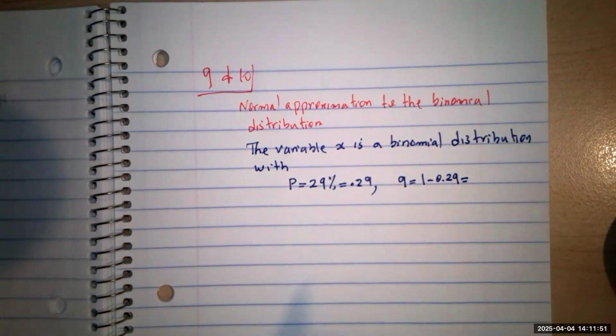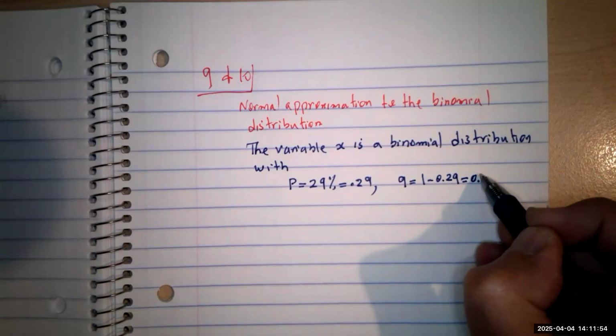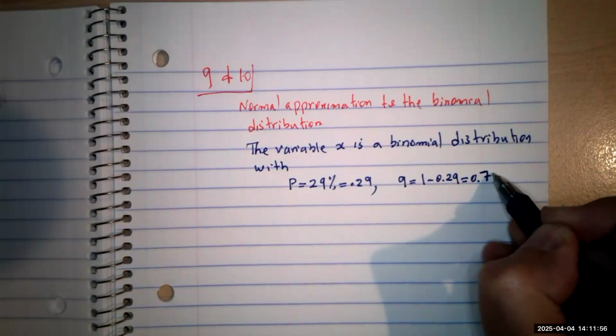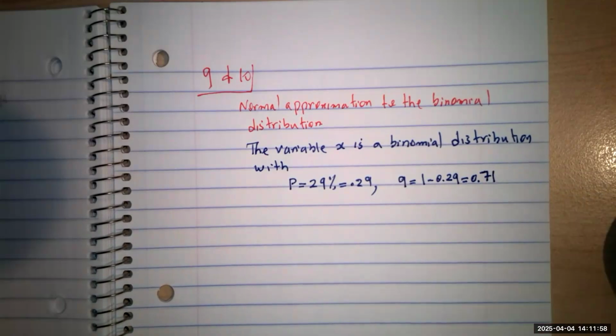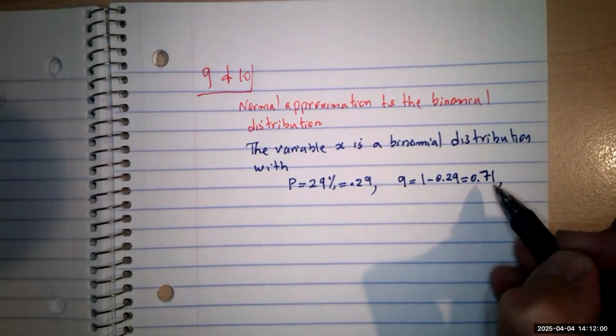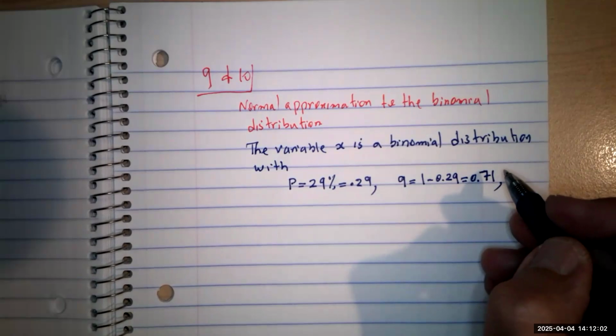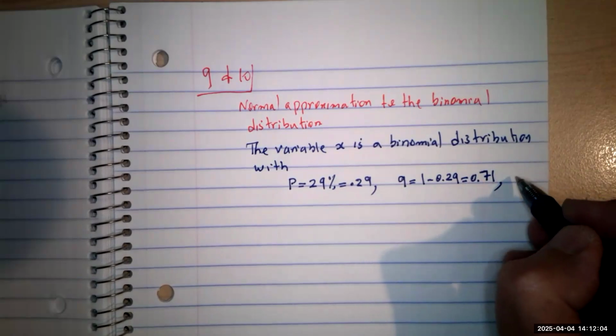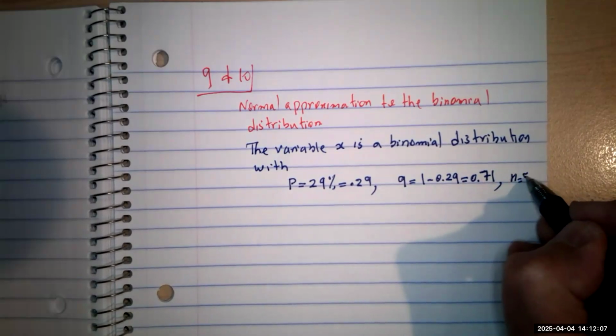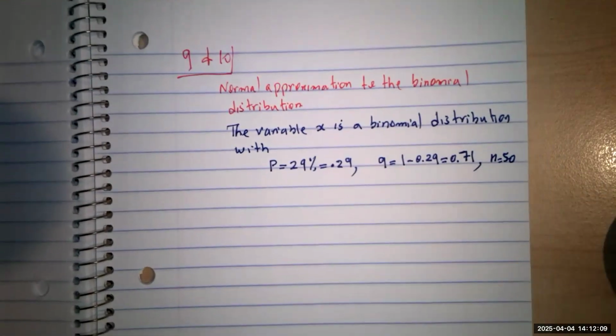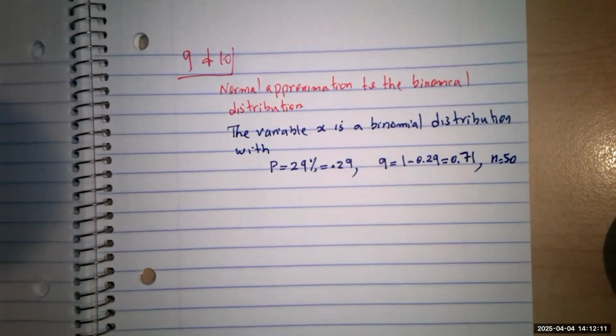That gives you 0.71. And the sample size N is equal to 50. It's a big number. This is the situation I'm going to have.